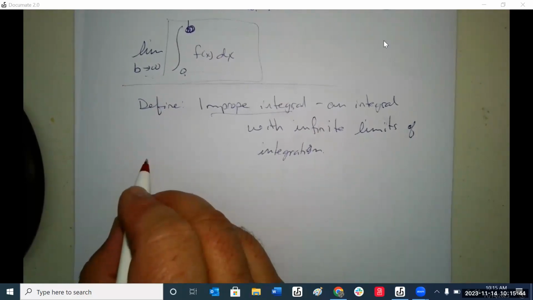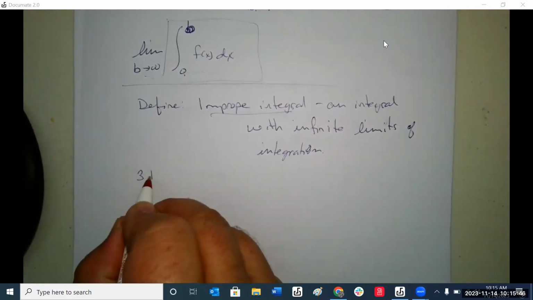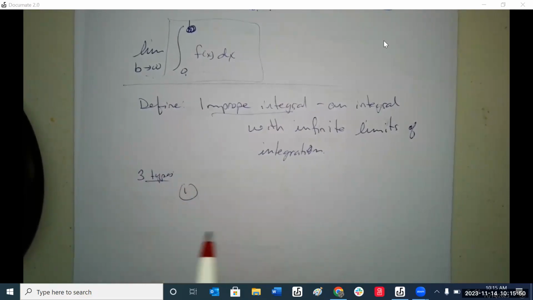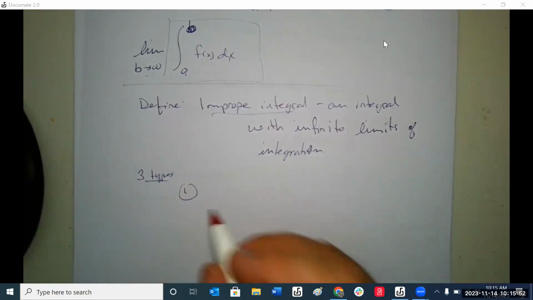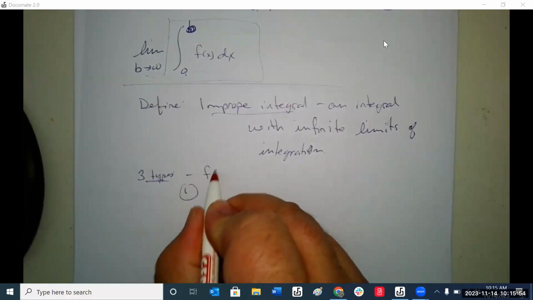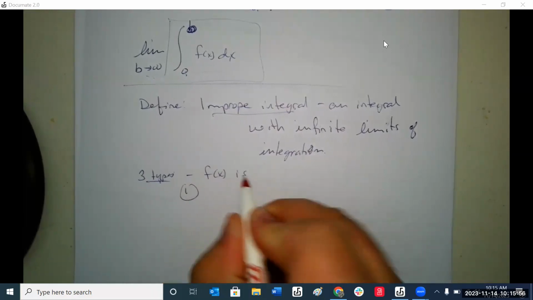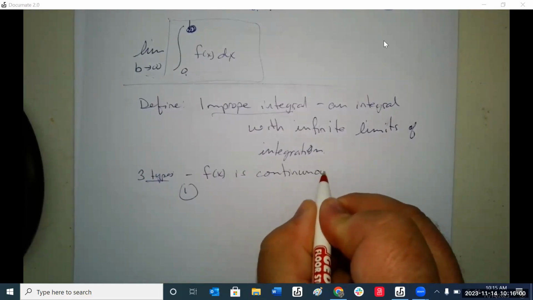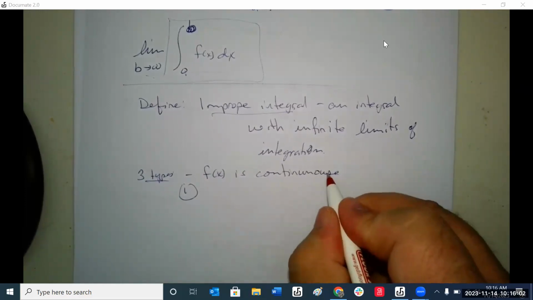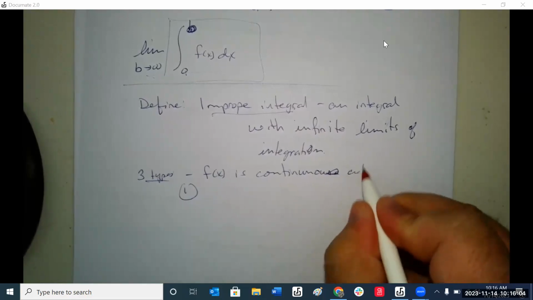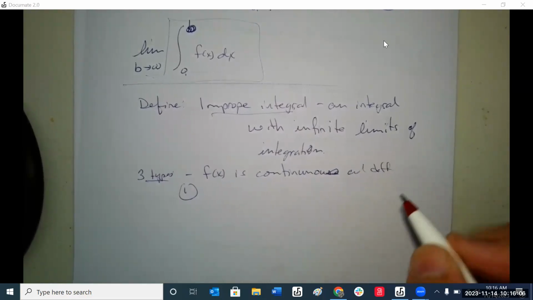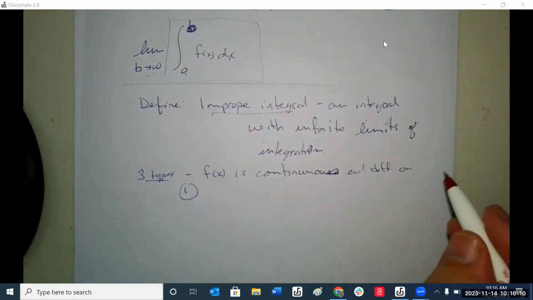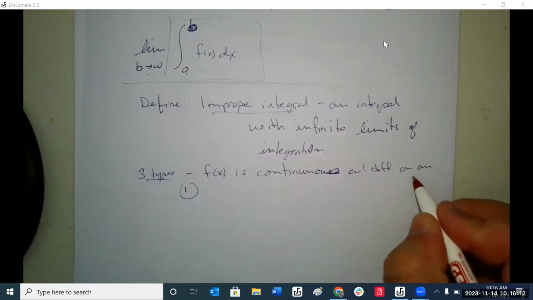Three types, or three forms. For all of these, our function is continuous, continuous and differentiable on an interval.